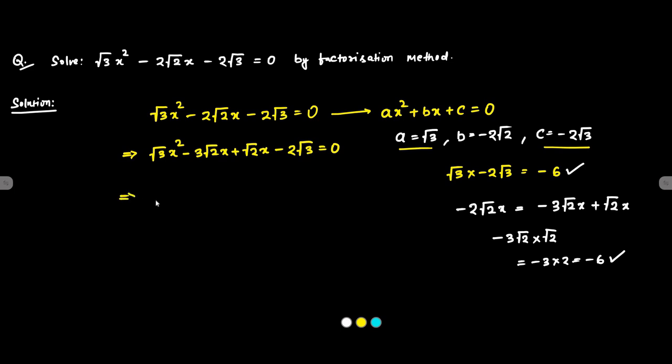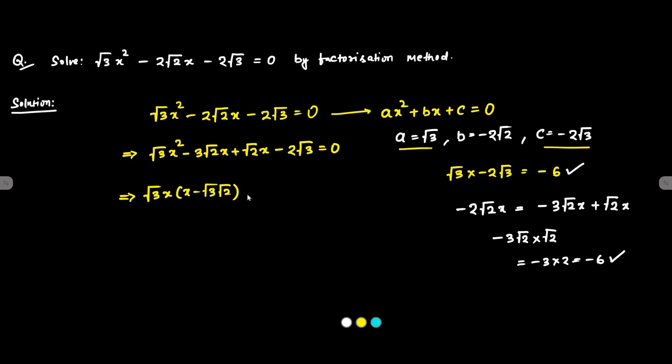That implies taking √3x common into (x − √3√2). √3x into x is √3x², and √3x into √3 into √2: √3 into √3 is 3, so it becomes −3√2x.